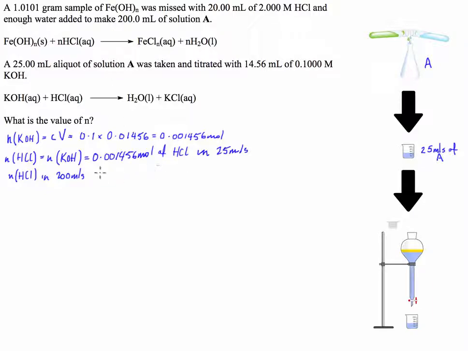Now, I like just to work out the scale factor that this is increasing by. So I'll just go 200 divided by 25, which is going to be 8. And then I'm going to multiply that by the moles of hydrochloric acid in the 25.